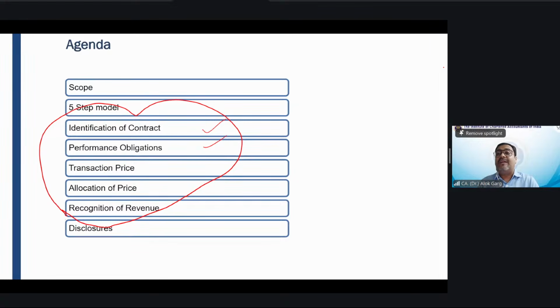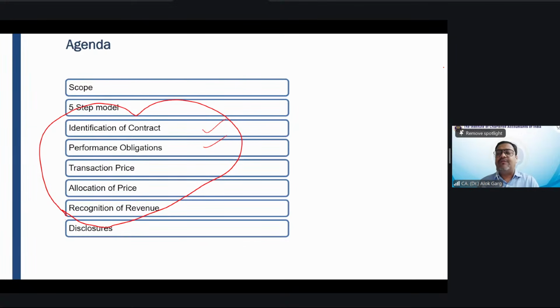The answer is no. The entity has to recognize revenue. The entity has to estimate, as per past precedent and best estimate and judgment, the probability of return. If I have sold goods to 1 lakh customers, will every customer come and return? The answer is no. Probably a few will not be able to come, a few will forget the 30 days period, and a few will enjoy the goods.